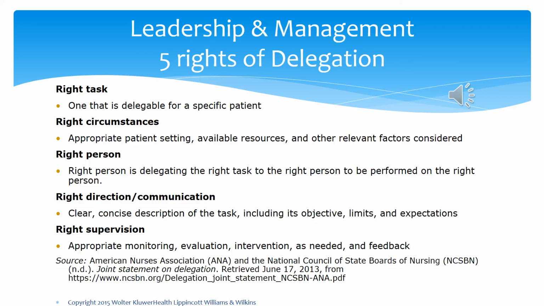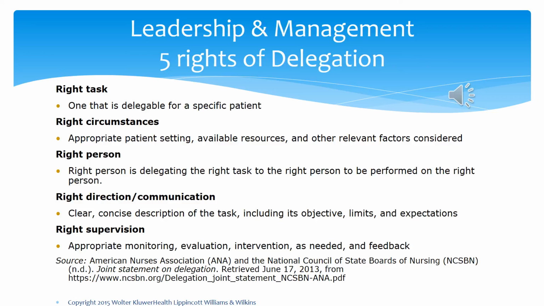Delegation errors could be avoided if the 5 rights of delegation identified by the American Nurses Association and the National Council of State Boards of Nursing were followed. These 5 rights of delegation include the right task, one that is delegable for a specific patient, a right circumstance, appropriate patient setting, available resources, and other relevant factors considered, the right person.